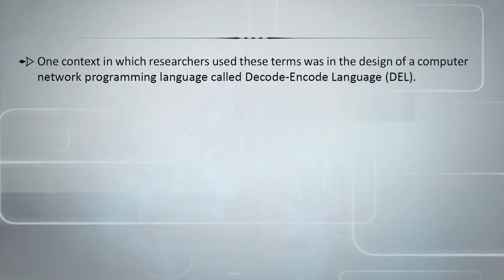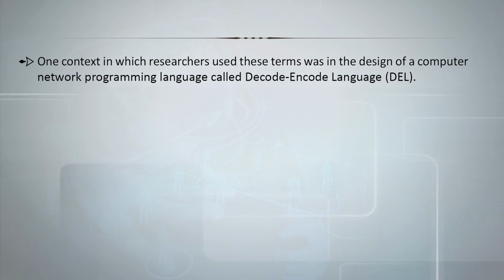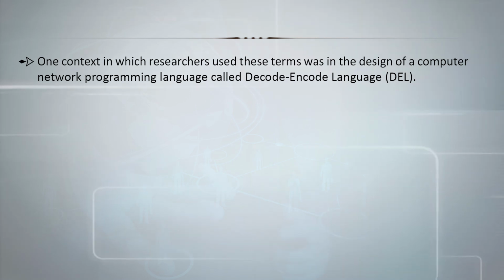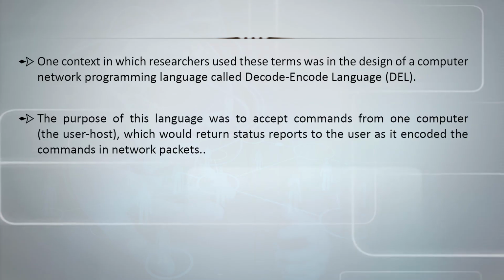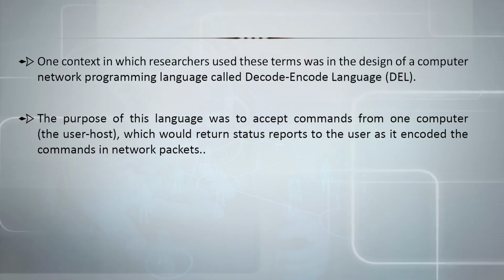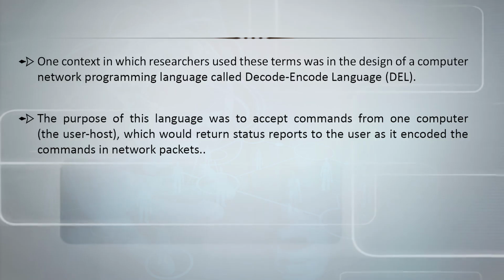One context in which researchers used these terms was in the design of a computer network programming language called Decode Encode Language, in short DEL. The purpose of the language was to accept commands from one computer, that is the user host, which would return status reports to the user as it encoded the commands in network packets.